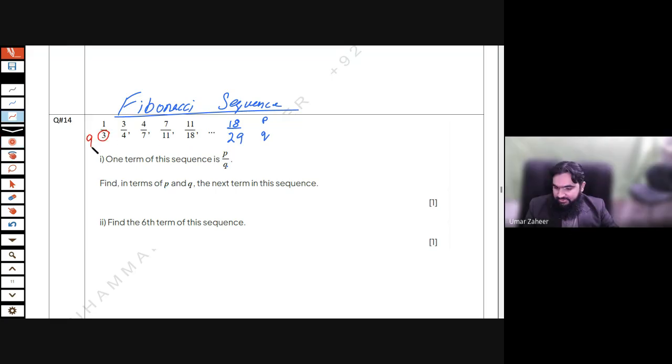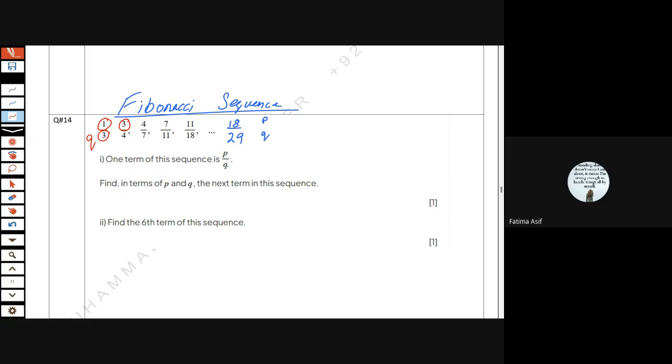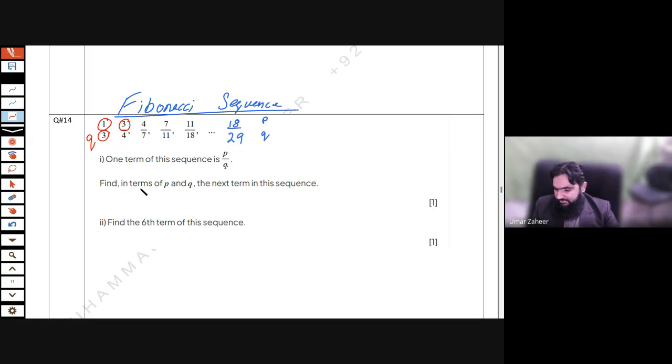So it is in the denominator, so it is Q. And the next will be P. Sir, what do we have to find? We have to find the next term in this sequence in terms of P and Q.